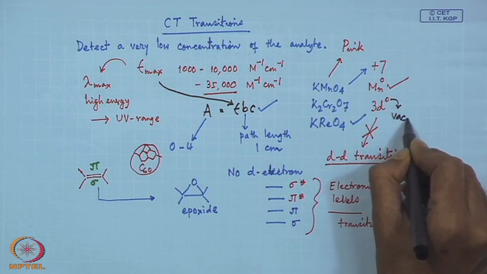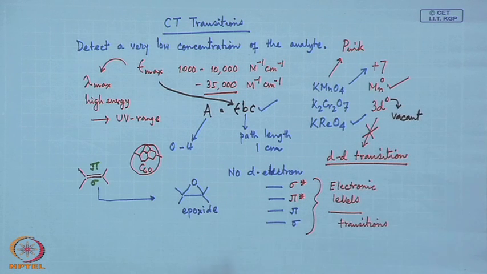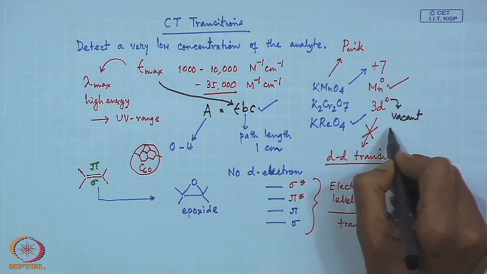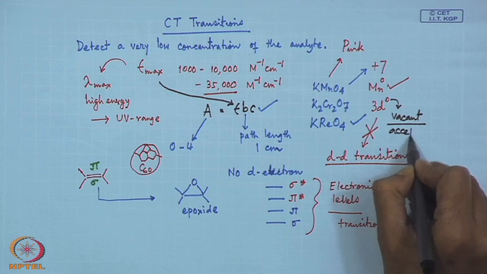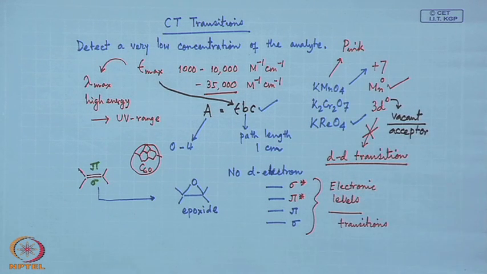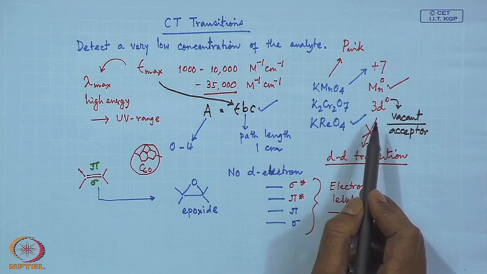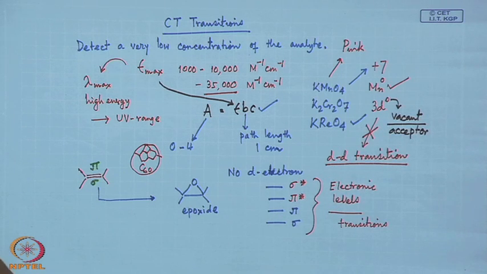So, we have 5 vacant levels. They can be very good acceptors instead of donors. So, we can have very good acceptor levels on the d level which is vacant of electrons. We can accept the electronic charge density from the ligand system or any other oxide system into those orbitals such that the corresponding charge transfer transition can take place.